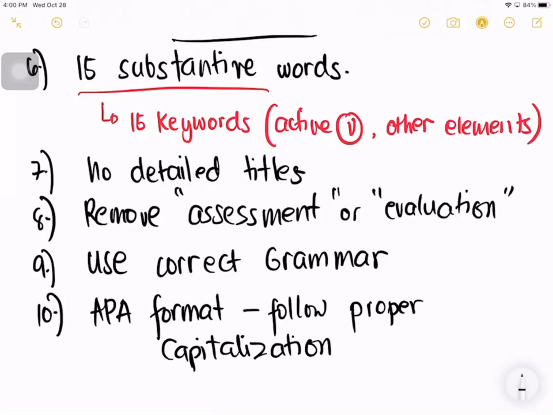Except for your articles and prepositions, but nouns, pronouns, verbs should be capitalized. Of course, if it's a proper noun, regardless of what it is, it should be capitalized. In some institutions or in some formatting, like an IMRAD format or a journal, they also have some rules in terms of the capitalization and formatting of the title. But for the APA, that is our guideline. Okay, so that's it.